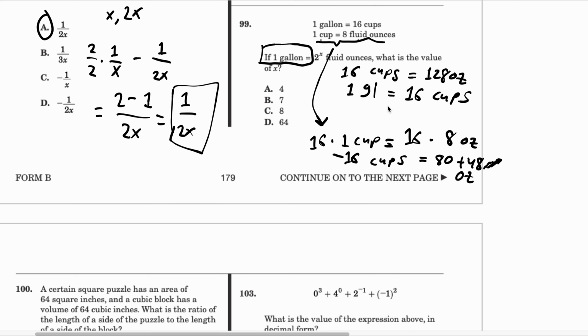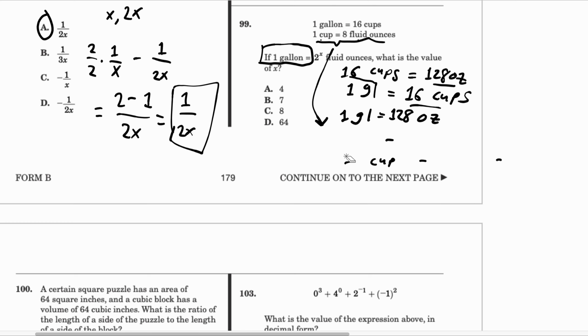So if 1 gallon is equal to 16 cups and 16 cups is equal to 128 ounces, then we know that 1 gallon is going to be 128 ounces. So we know that, right?